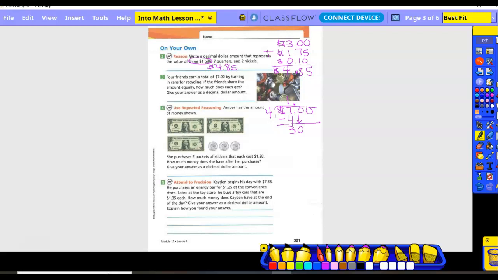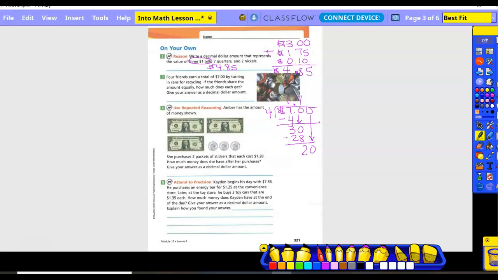How many times does 4 go into 30? 7 times. What is 7 times 4? 28. And then what is 30 minus 28? 2. And then bring down the 0.